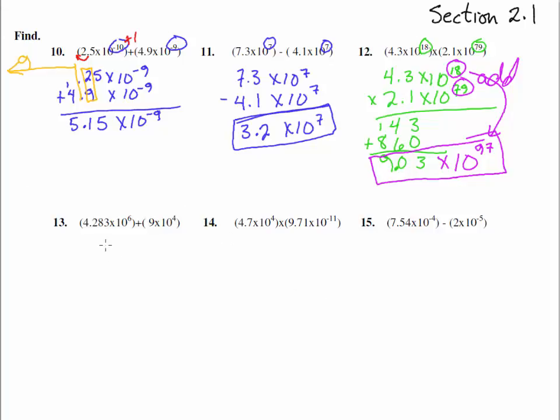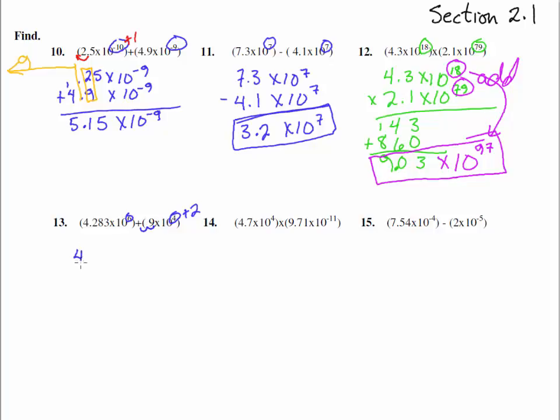All right, let's do the next one here. We're adding. Uh-oh, again, we're not the same thing. We have to make this one go up 2 in order to have it times 10 to the 6th so we can add like things. So this decimal has to go left 1, 2.